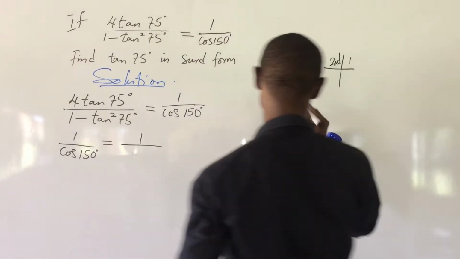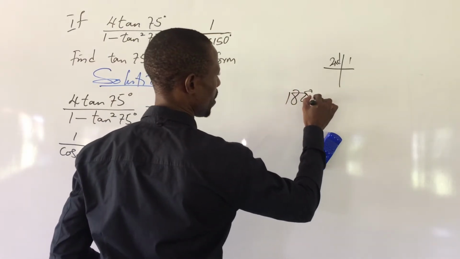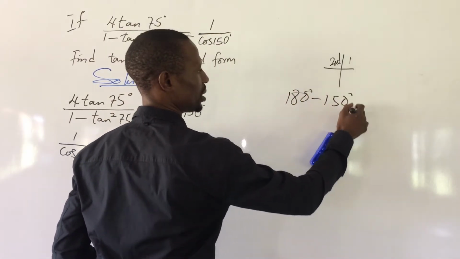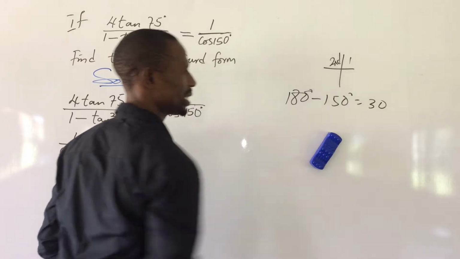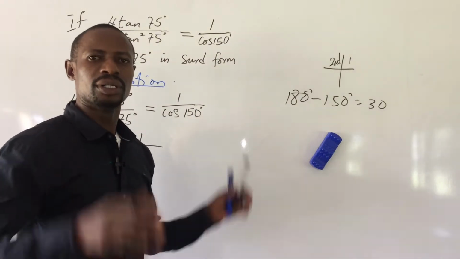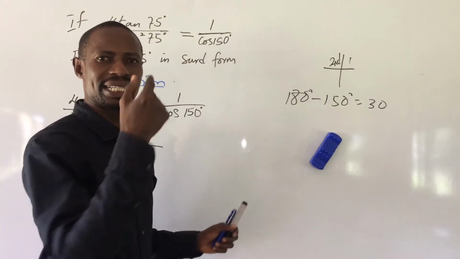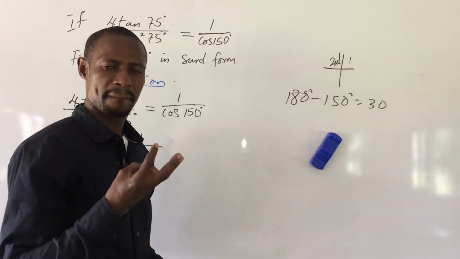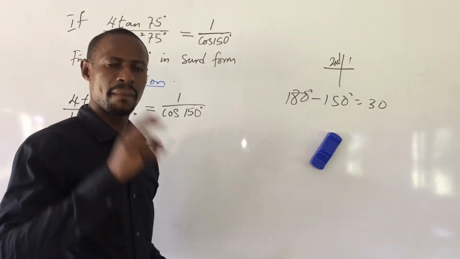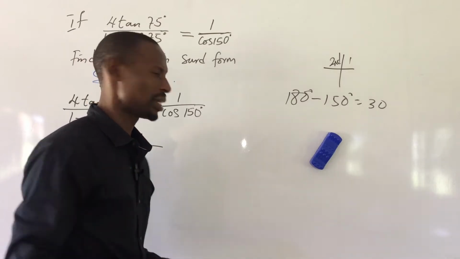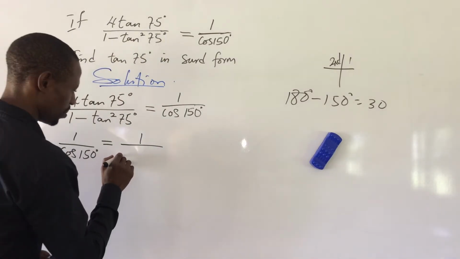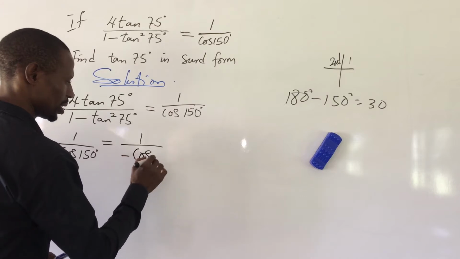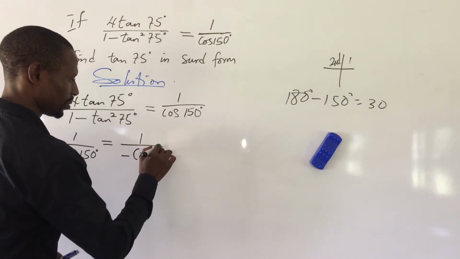We now do 180 degree minus 150 degree. This will give us 30 degree. Mind you, cos theta in the second quadrant is minus. We have sine positive, tan negative, and cos is minus. So hence this will become minus cos 30 degree.